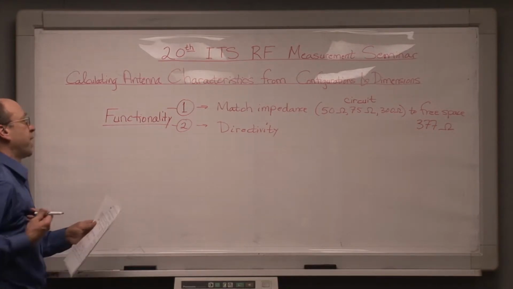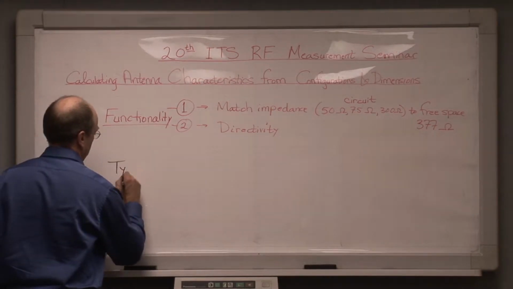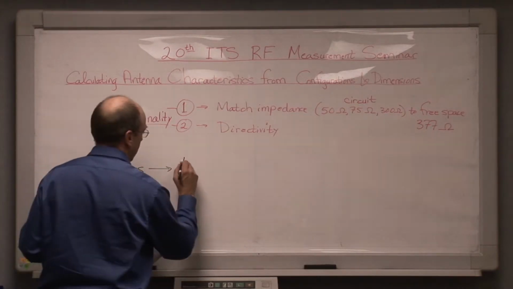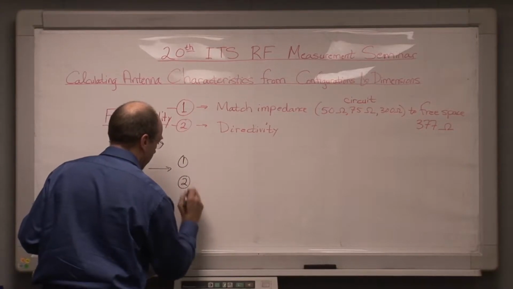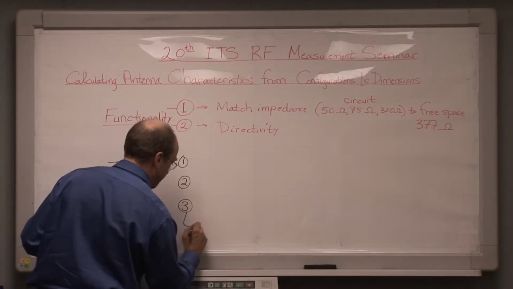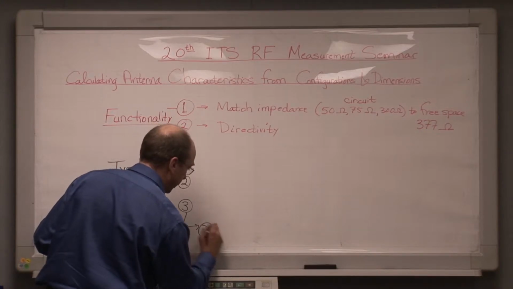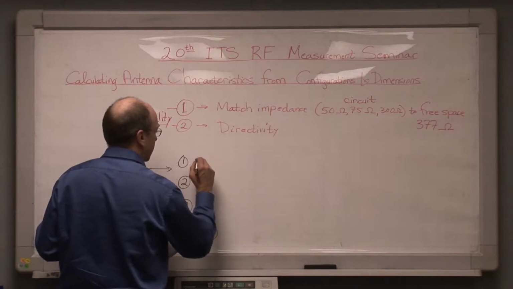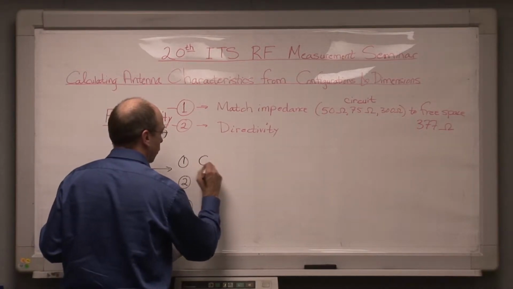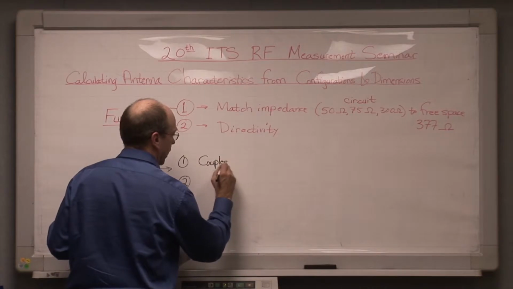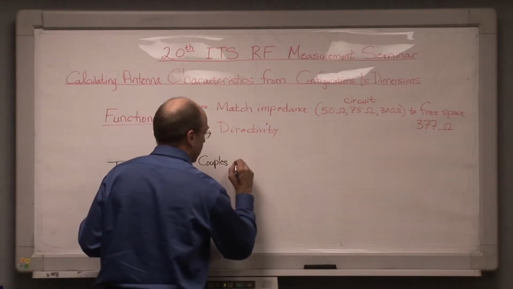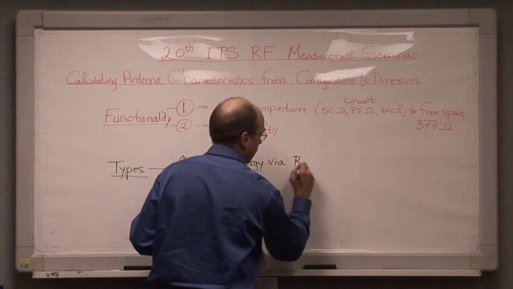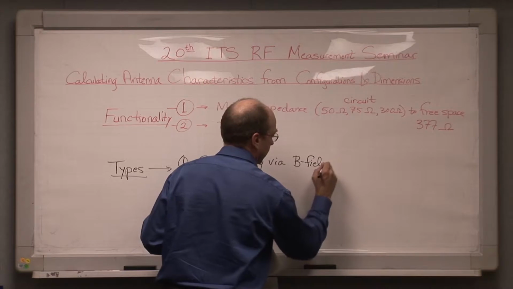Now, basic antenna types. These are my breakdowns on antennas, basically three, and the third type sort of breaks out into a little bit of a 3A down here. But the first type, which I'm not going to talk about at all today, is an antenna that typically works at low frequencies, which couples energy between free space and a circuit via the B field component in an electromagnetic wave.